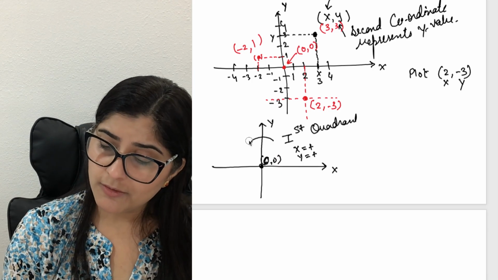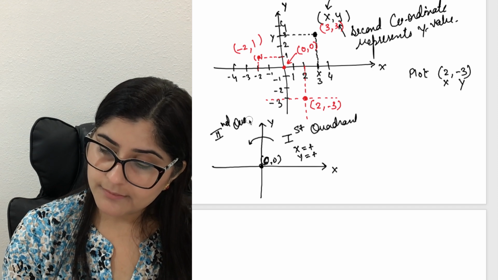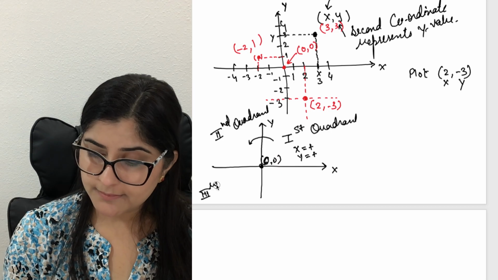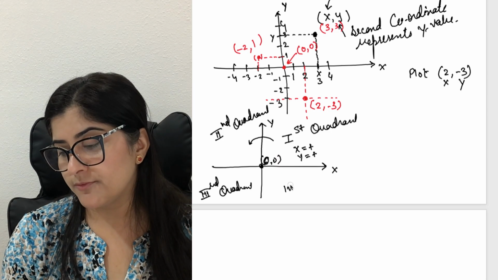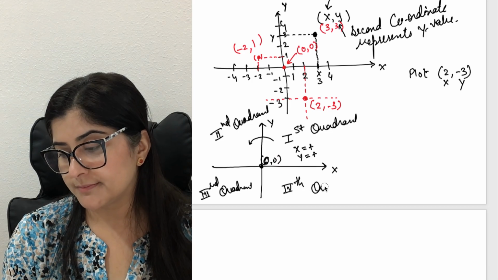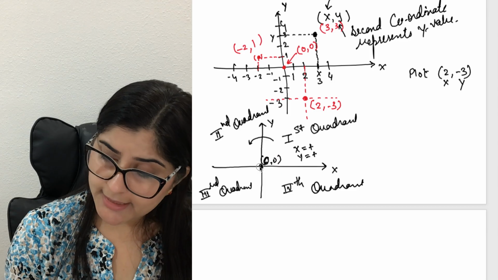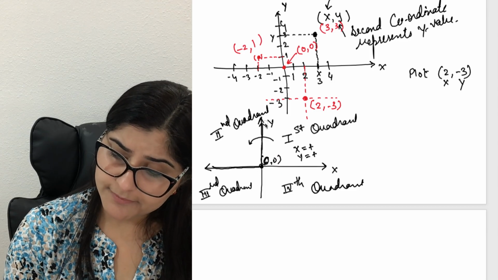We go counterclockwise. This is the second quadrant. This is the third quadrant. And this is the fourth quadrant. In the second quadrant, you see that the x values are negative and y values are positive.